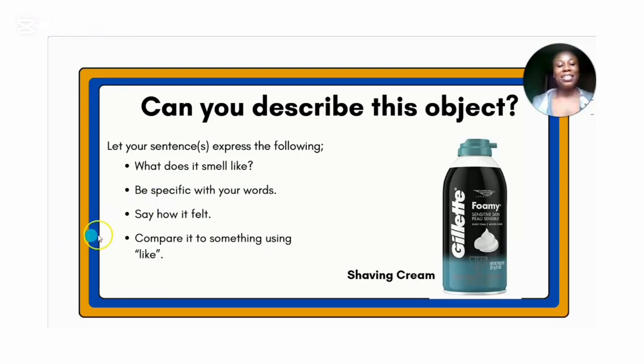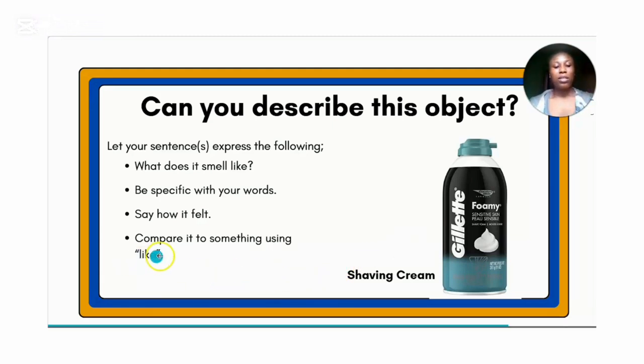The third one says, say how it felt when you touched it. I believe you have a shaving cream in your houses, so you should be able to have a feel of what it's like, right? So just sprinkle a little bit on your finger, on your palm, then feel it. Write what it felt like. Is it foamy? Is it slippery? Is it slimy? These are words you should use.